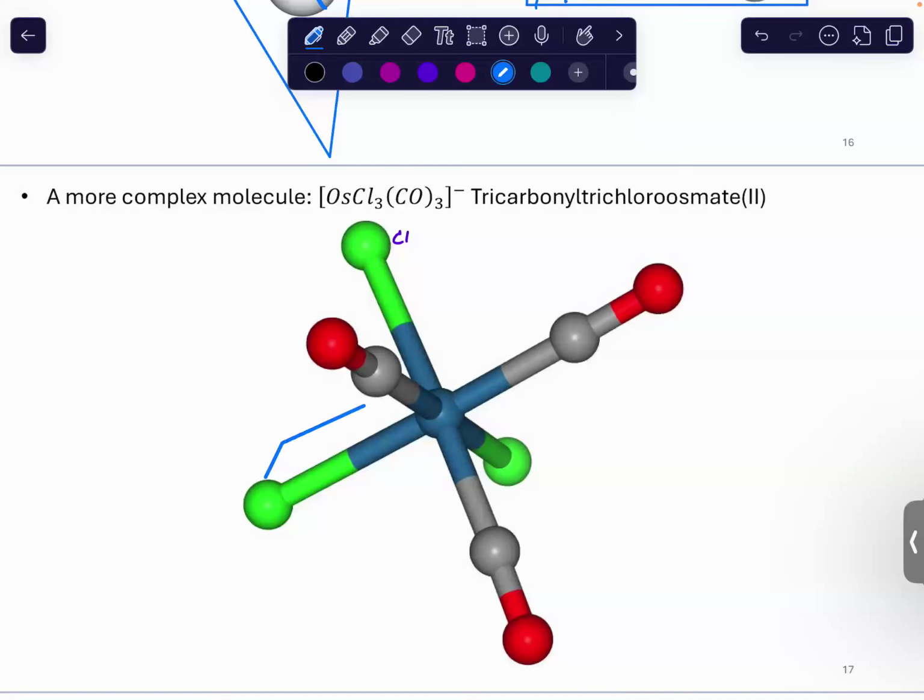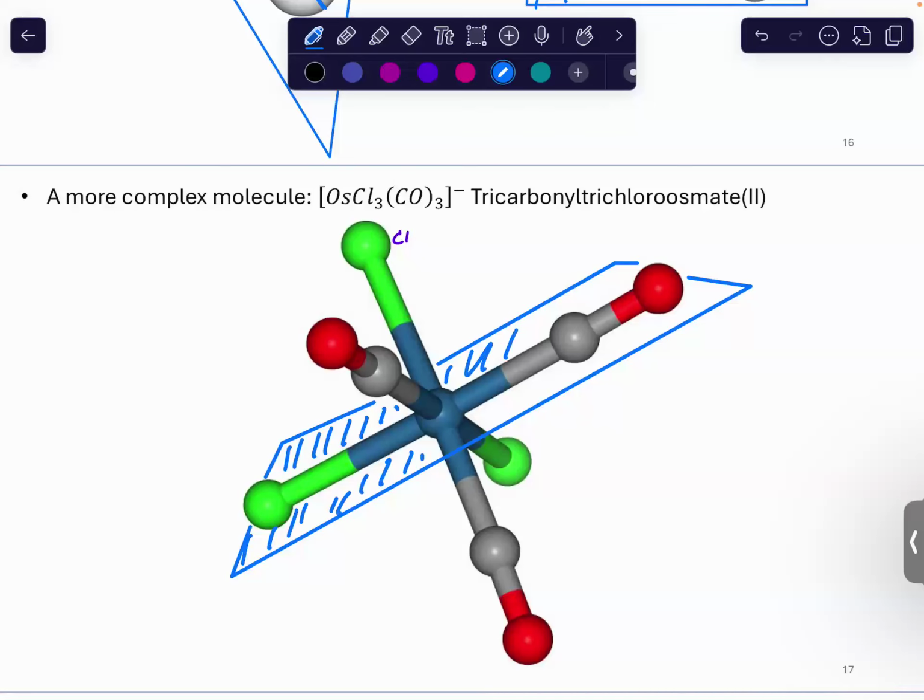Okay, so I'm going to go up, hide. So they start to get a match. Okay, so do you kind of see that plane from that chlorine to the carbonyl?